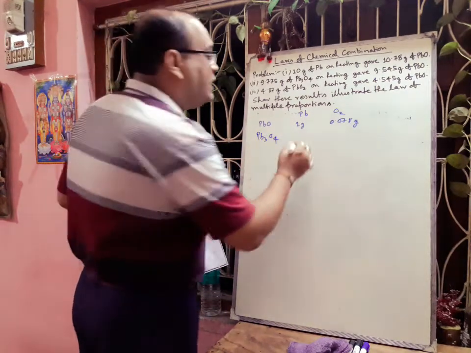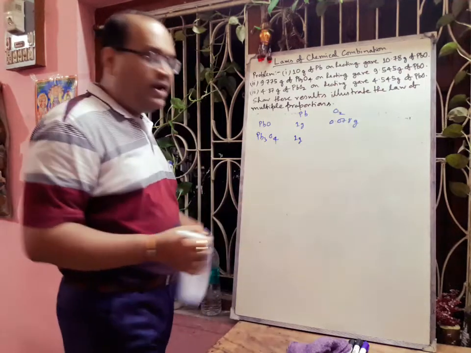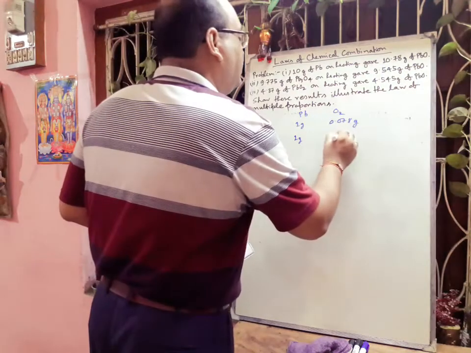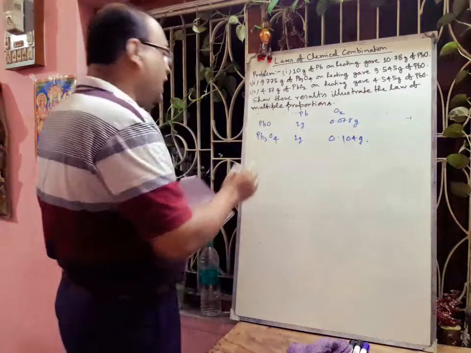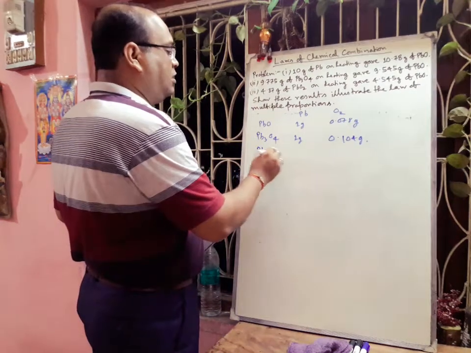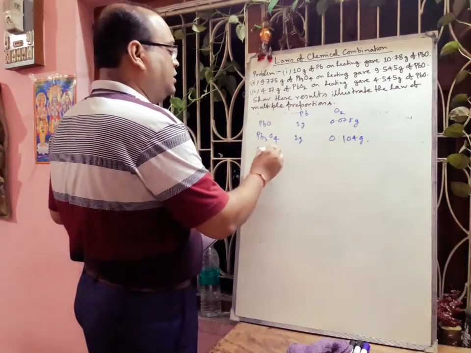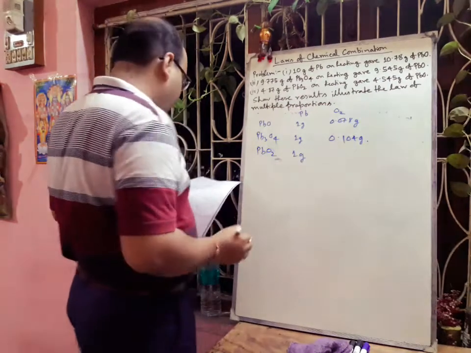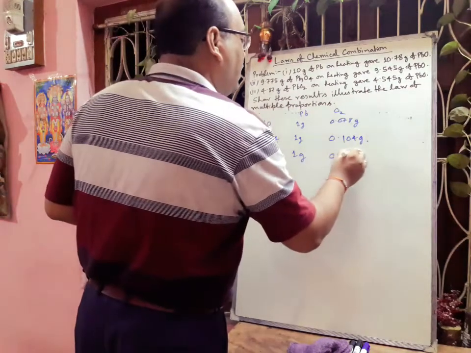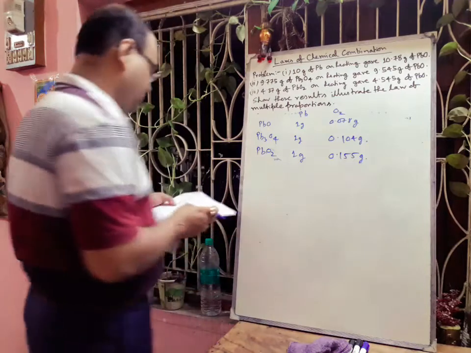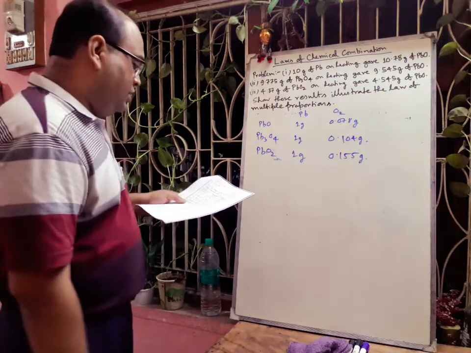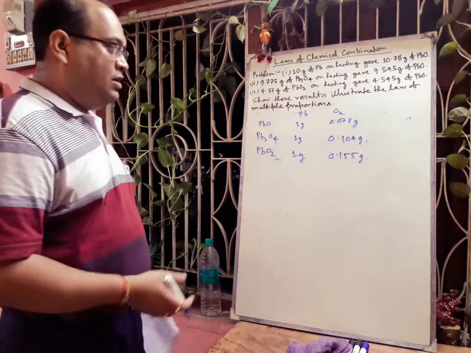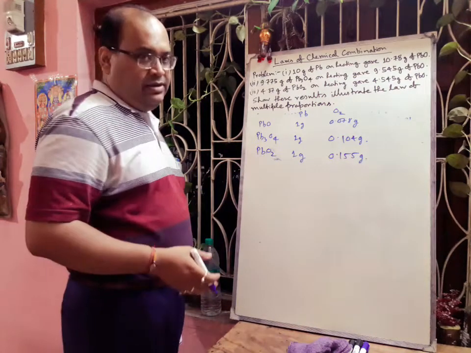Here 1 gram lead combines with 0.104 gram. And in the third case, lead dioxide or lead peroxide, 1 gram lead combines with 0.155 gram.